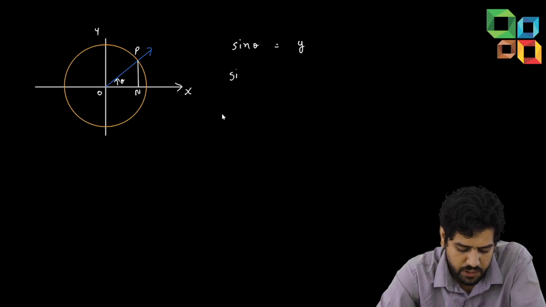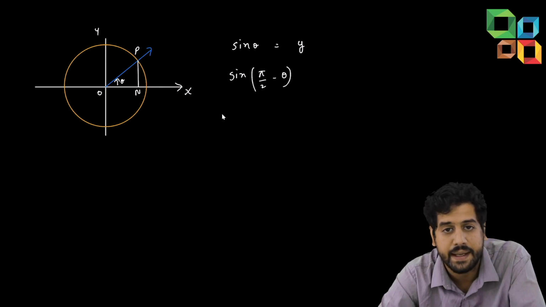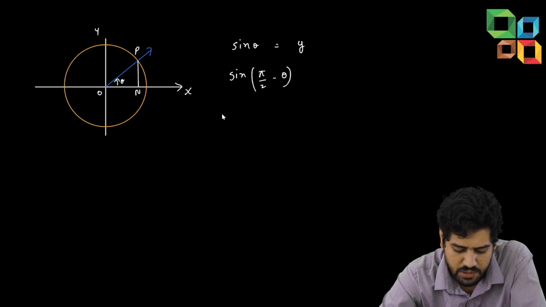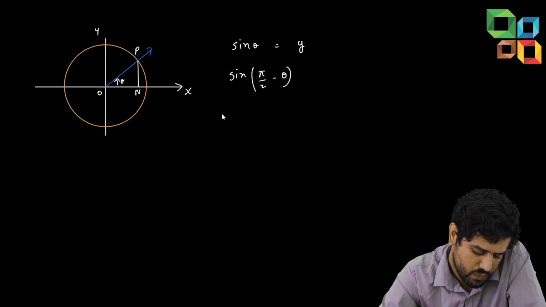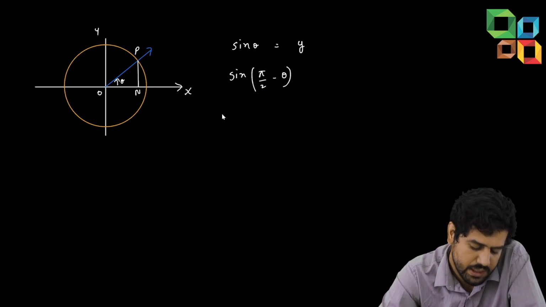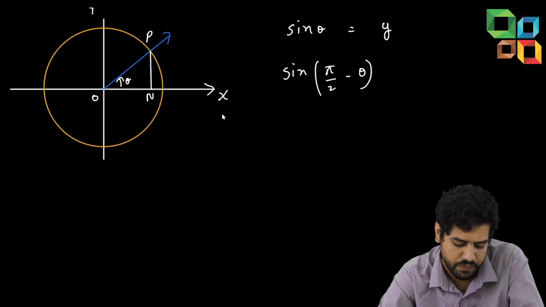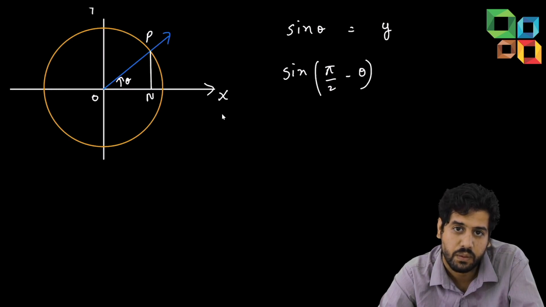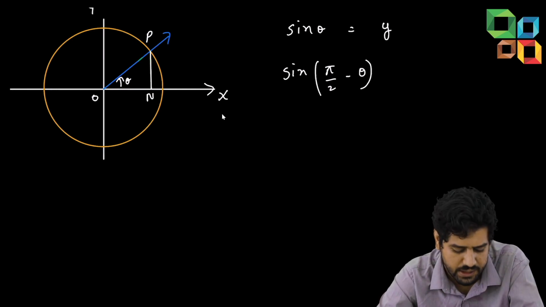So suppose we have to find sine of pi by 2 minus theta, 90 minus theta, right? So pi by 2 is 90 minus theta. Which angle is 90 minus theta here in this particular figure? This angle will be 90 minus theta, right?